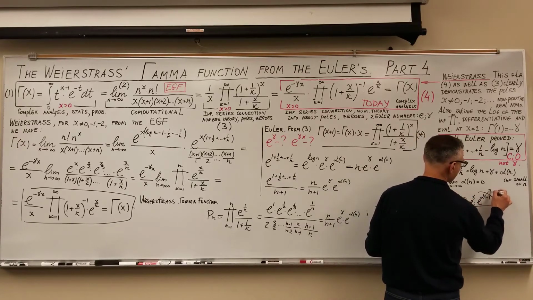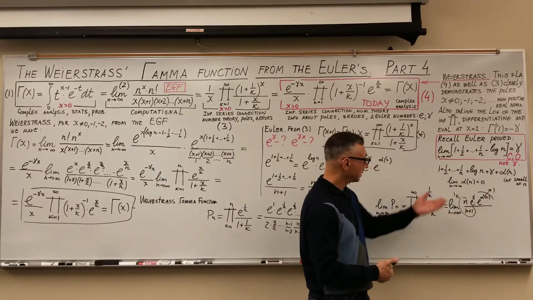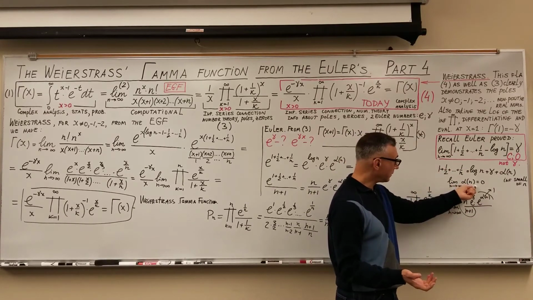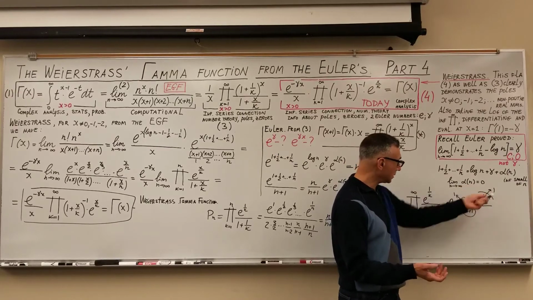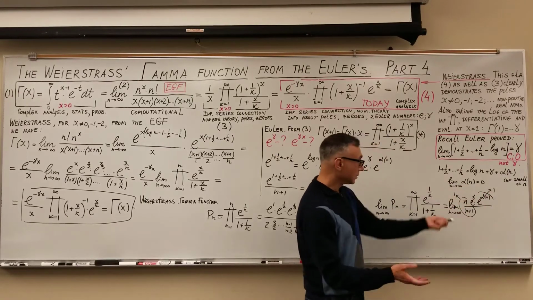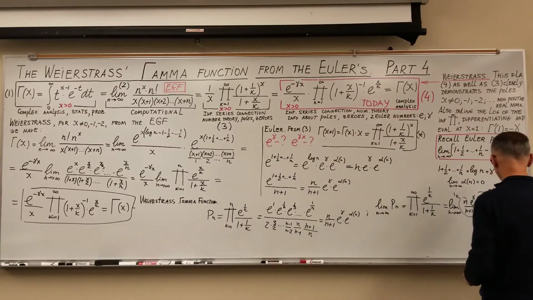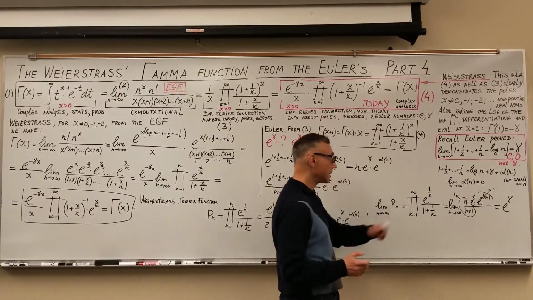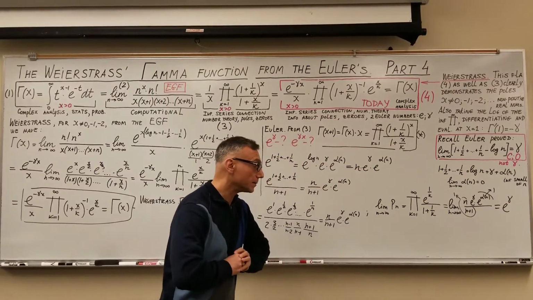E to the power also goes to 1, because using Euler's result, alpha n goes to 0, e to the 0 is 1, and over that is 1, so it's finally equal to e to the power gamma, equal to this infinite product.